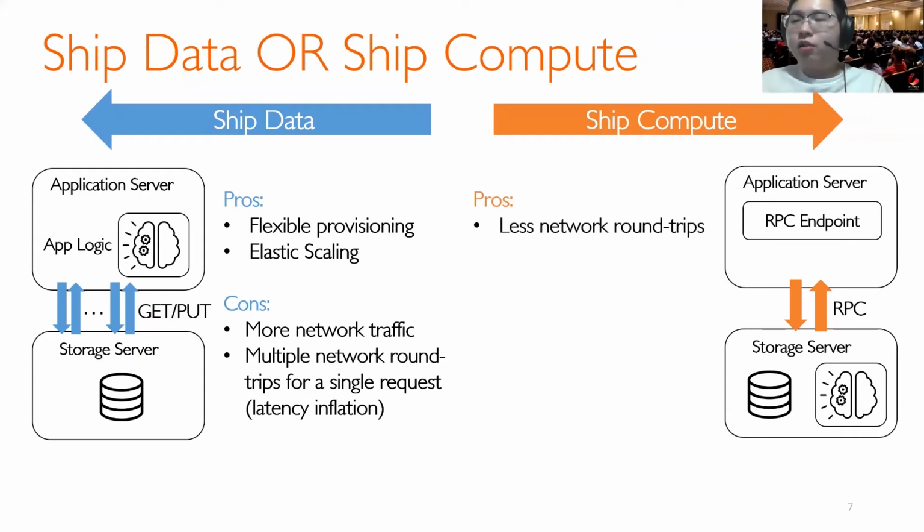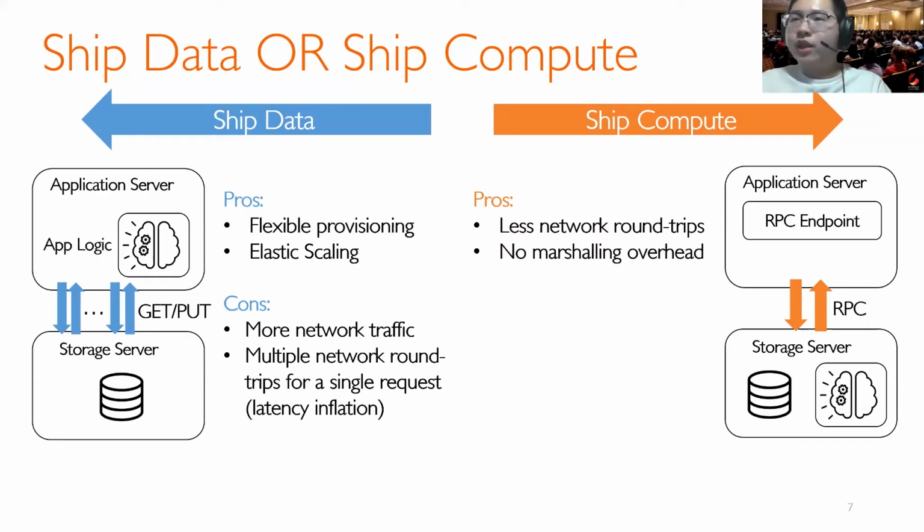On the right-hand side, if we choose to ship compute, we would alleviate these network round trips because a single application request would always correspond to one RPC request. We would have less network traffic, and we would not have the data marshalling and unmarshalling overhead because we are not moving the data across the network.